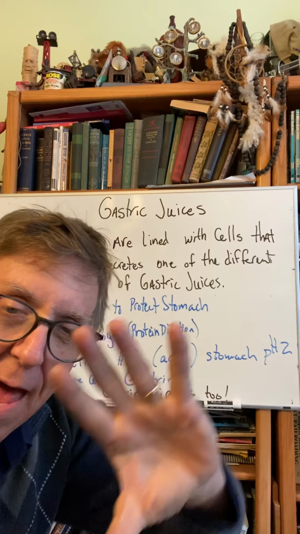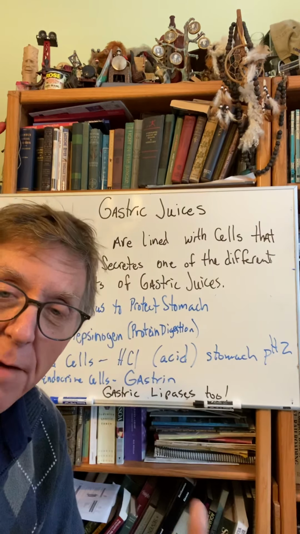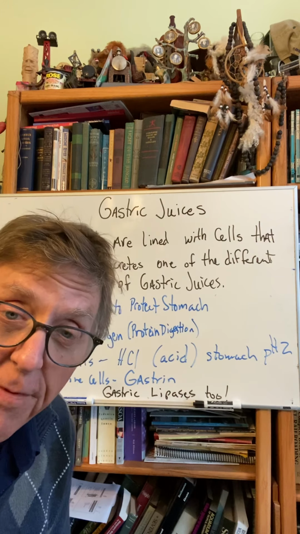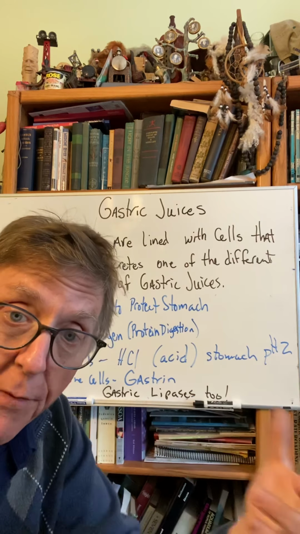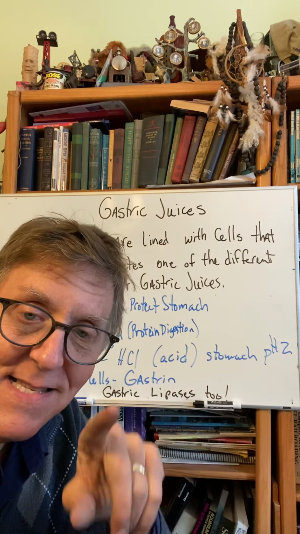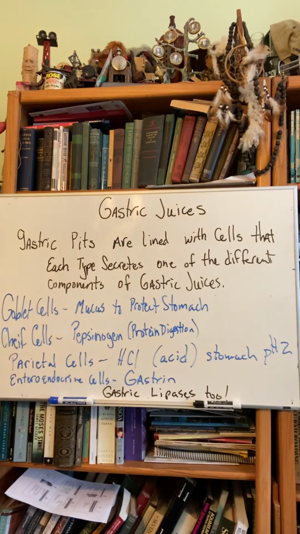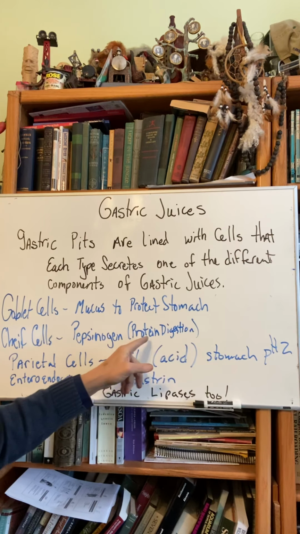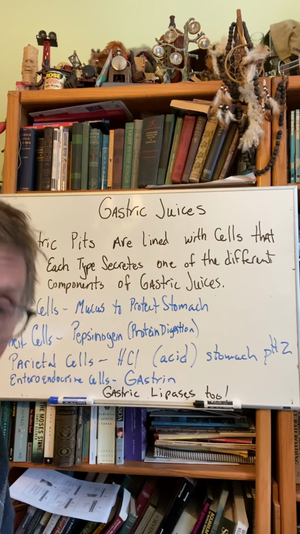Okay, so we have this layer of mucus that protects the stomach itself, and then what's out there doing the dirty deed, right? I mean, what is digesting? Well, we have chief cells. Chief cells are going to secrete something called pepsinogen, and pepsinogen is an enzyme that digests proteins.